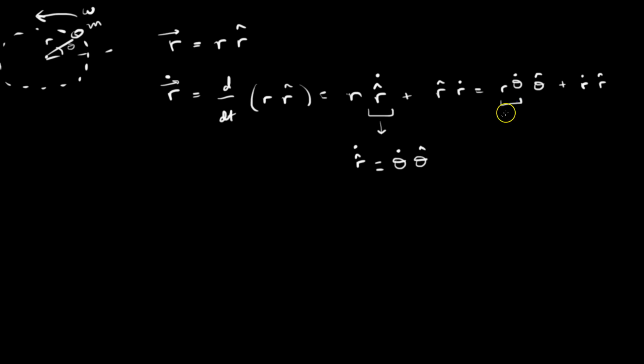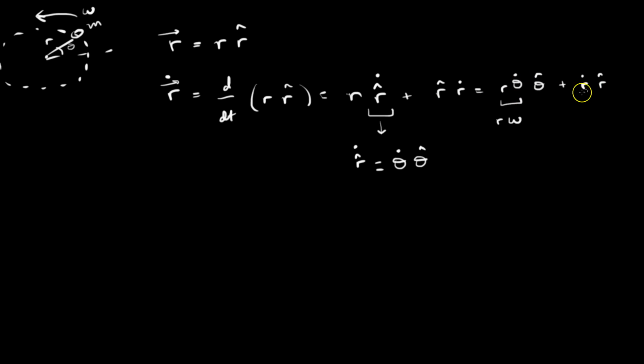And this, if you're familiar, is r omega, since theta dot is just omega. So this is the tangential velocity. You know that the velocity in polar coordinates is tangential because it's in the theta direction. That's where it comes from.